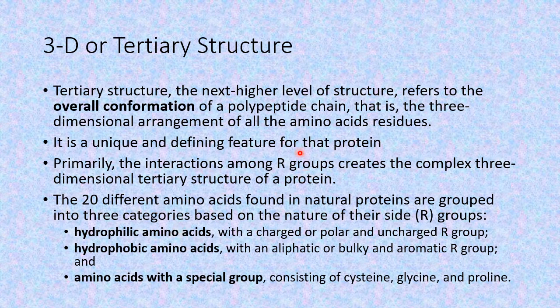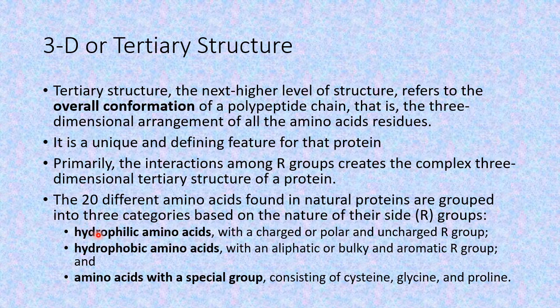Now their side chains have to interact, and that interaction depends upon which type of side chains are in contact or near each other, because of the folding of that polypeptide sequence upon itself. So that folded structure of the polypeptide is stabilized by different types of bonds.